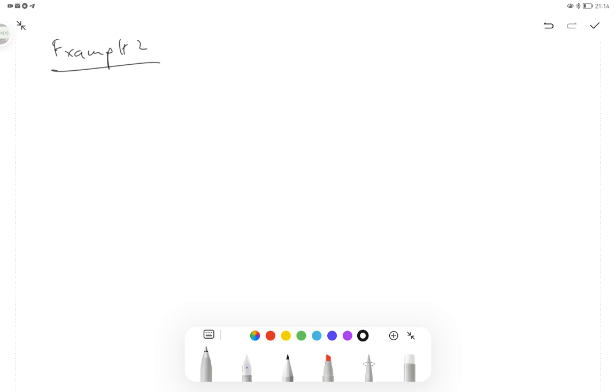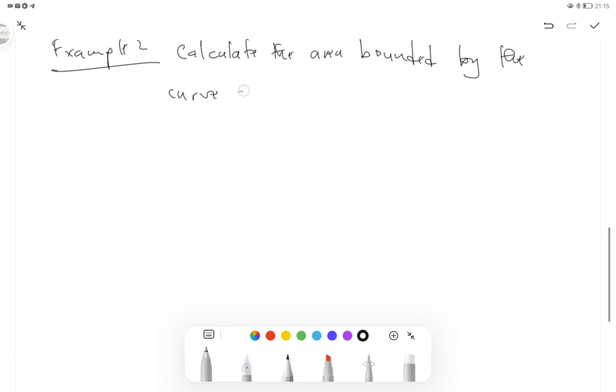They're saying calculate the area bounded by the curve y is equal to x squared plus 2x.